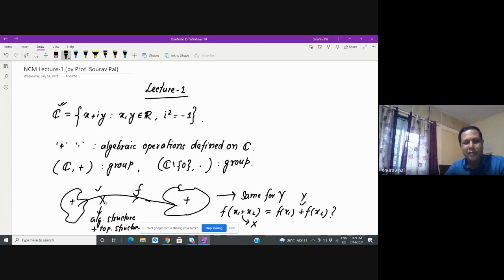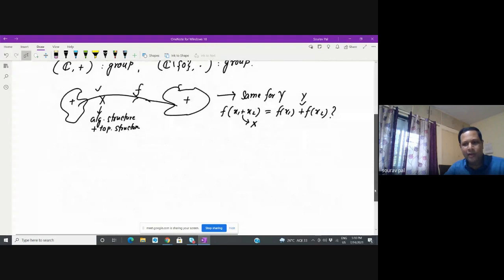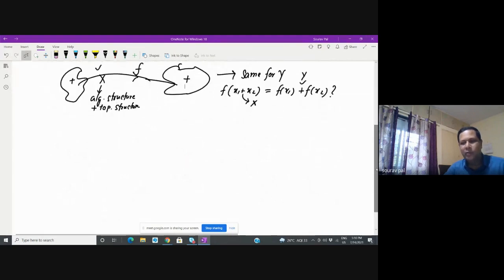In a similar fashion, you can talk about preservation of this dot structure, which we call multiplication, and we shall see if f preserves the topological structure. This is how we study functions between two sets, where each set is equipped with several algebraic and topological structures.